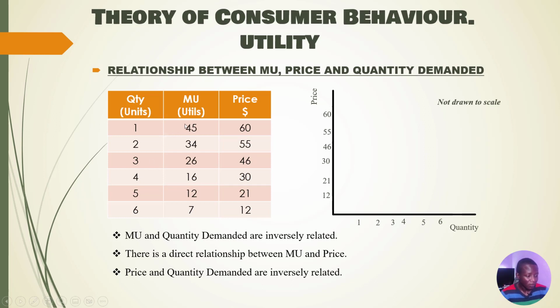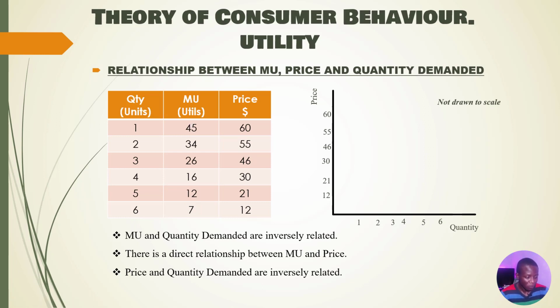Because compared to the utility of 45, that's the first unit, to the last unit, which is 7 utils. From the seventh unit, or the seventh quantity, you are deriving just 7 utils. In view of that, you wouldn't be willing to pay a higher price, that's $60, for the seventh unit, because with the seventh unit, you are not getting as much satisfaction as that of the first unit.